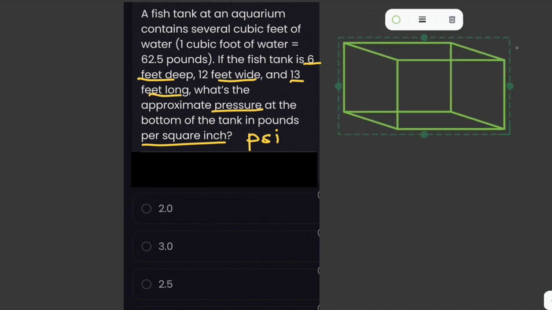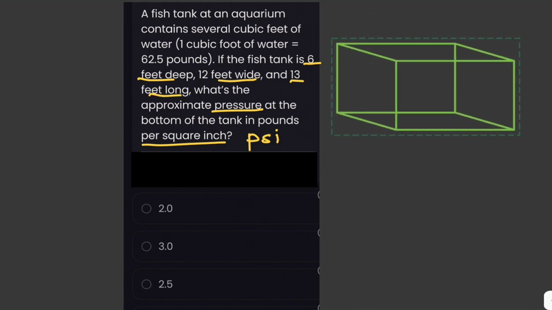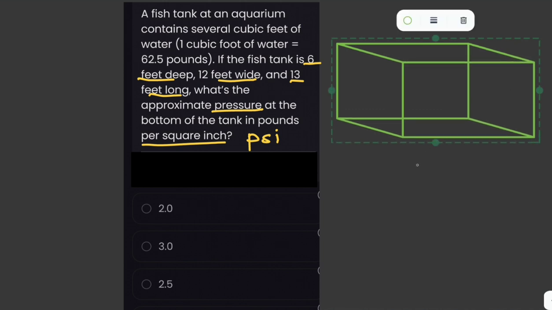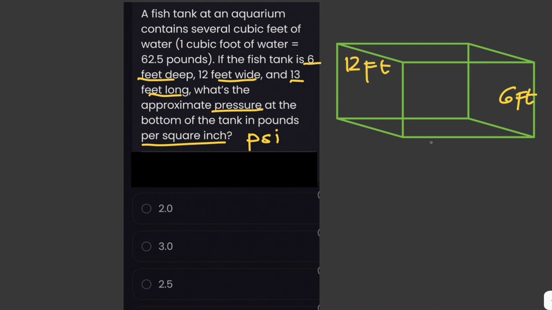So let's say this is our fish tank. It says 6 feet deep, so this is 6 feet, and 12 feet wide, and then 13 feet long.